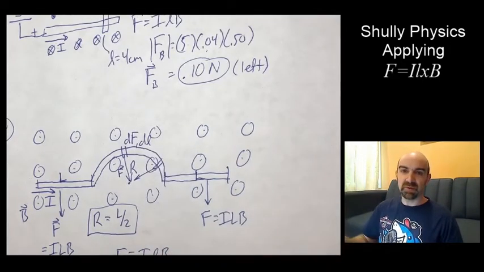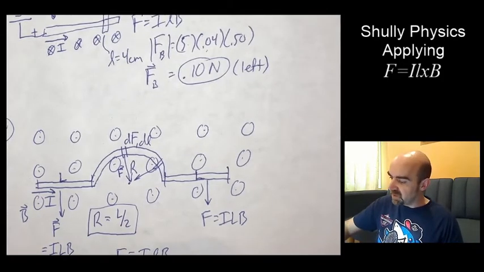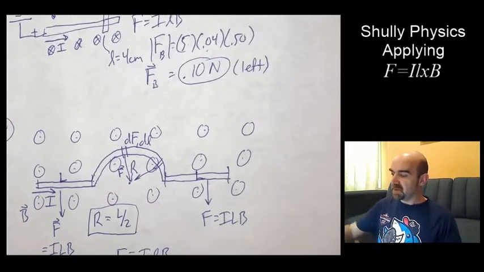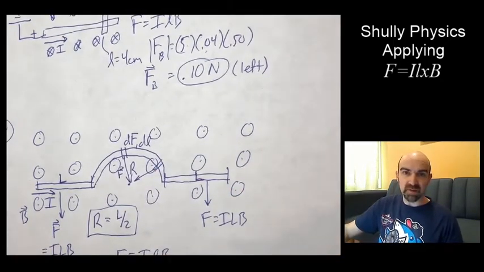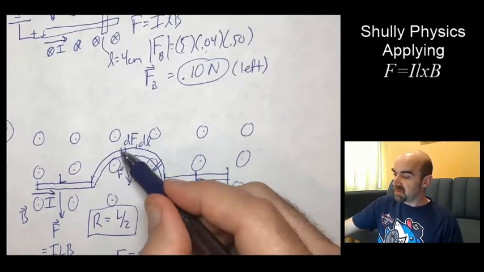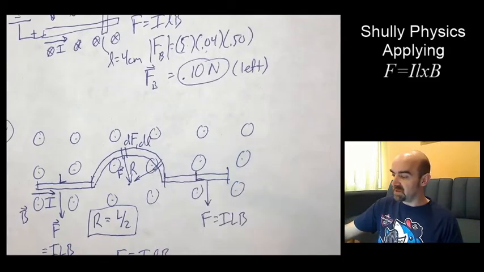So we don't have to worry about the sign of the component there. So we have F equals IL cross B, but we're looking for a small piece of that, small dF. The I, the charge per second through each segment, still remains constant. It's a ratio of charge to time. It's the rate of charge, so that's going to be constant throughout.